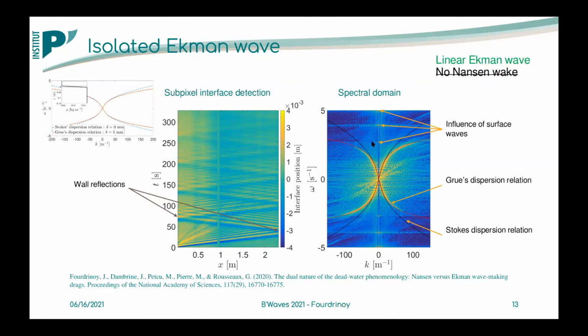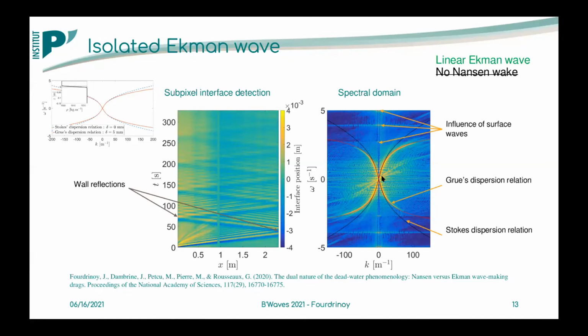You can have the influence just here because the initial perturbation is too strong, and we have a surface wave. Not with the boat, because with our boat, the speed is lower than 23 centimeters per second, so we don't have a surface wave.